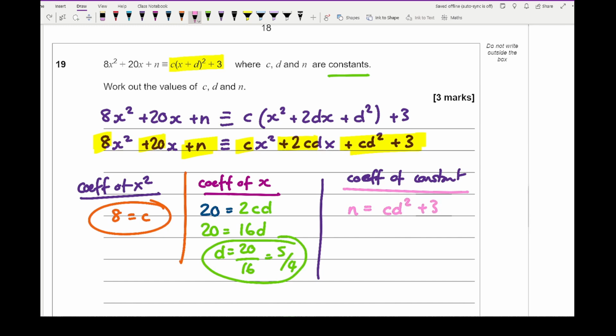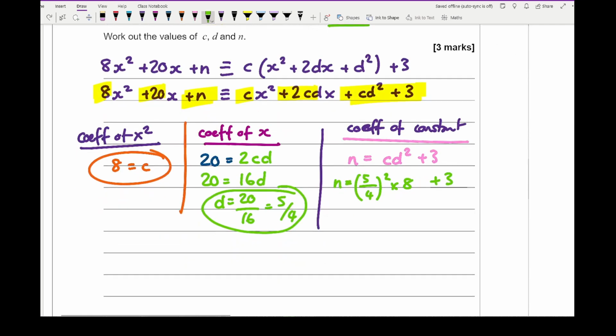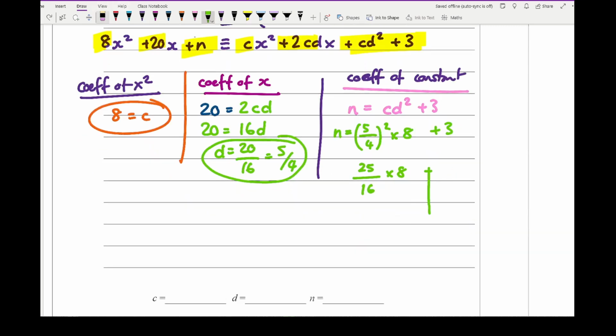I know the values of c and d, so n equals 5 over 4 squared multiplied by 8 plus 3. Now this looks a bit complicated, but if I square the 5 over 4, that becomes 25 over 16 multiplied by 8 plus 3. Don't know what's happened there.